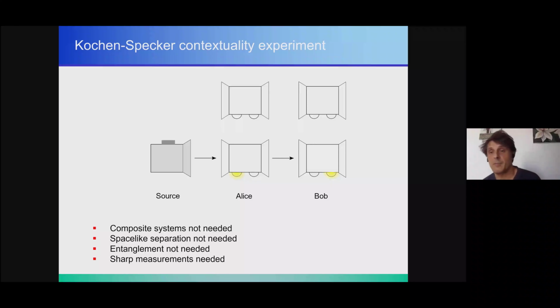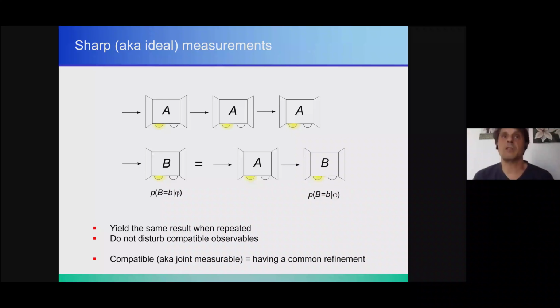Entanglement is not needed. But to claim non-classicality of the contextuality here, we need to assume that the measurements performed by these devices are sharp in the following sense. These measurements yield the same result when repeated and do not disturb compatible observables. And by compatible, I mean jointly measurable observables, those that have a common refinement.